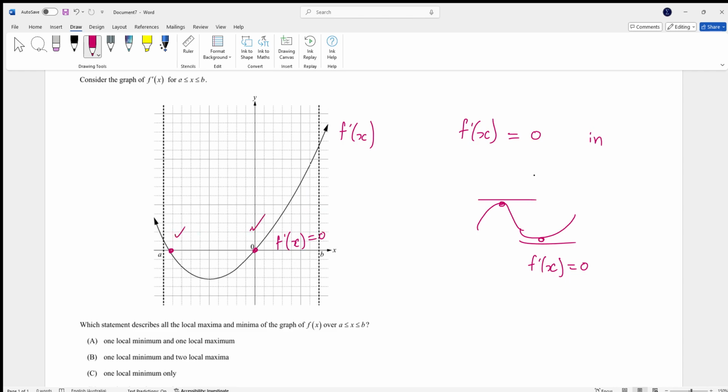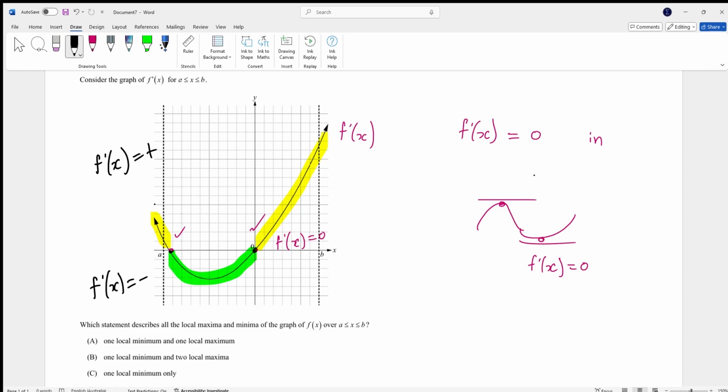Now let's understand what we're looking at here, because we need to work out if it's a max or a min. Beforehand, the gradient is positive in the yellow section. The gradient is negative in the green section, because if this is the graph of f dash of x, this is when f dash of x is positive, and this is when f dash of x is negative on the axis here.